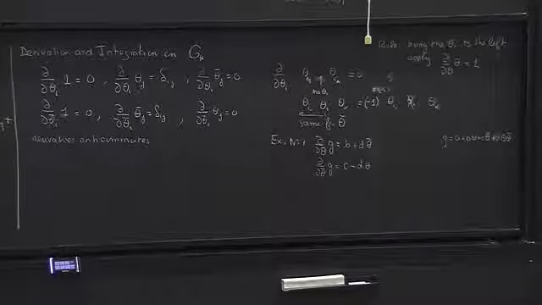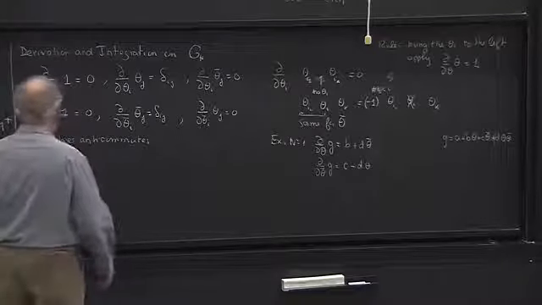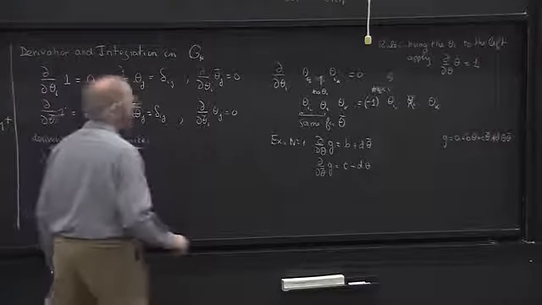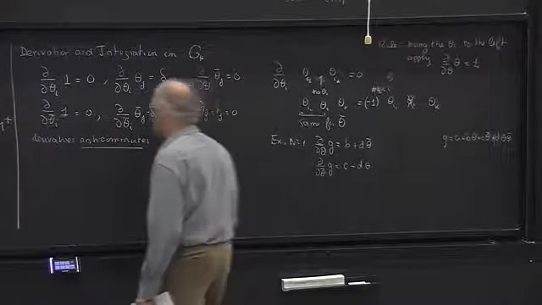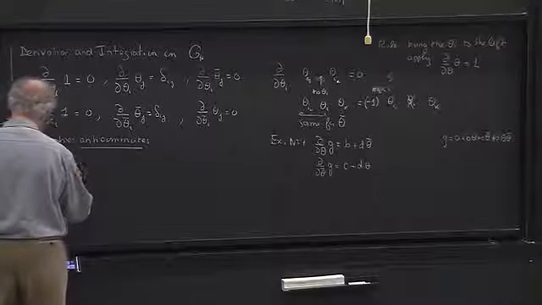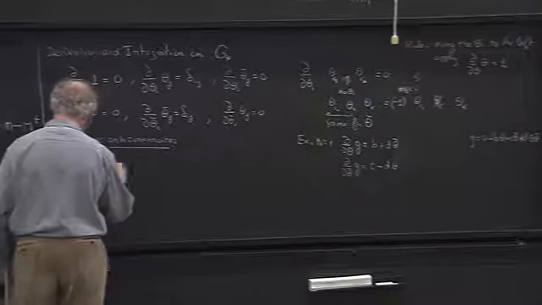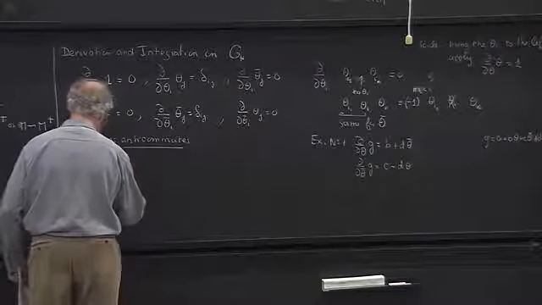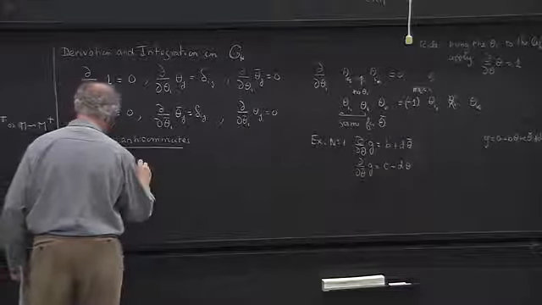Okay? And these derivatives anti-commute. So from this definition, you can check that if you apply it twice, d over d theta I d over d theta g is always equal to 0.